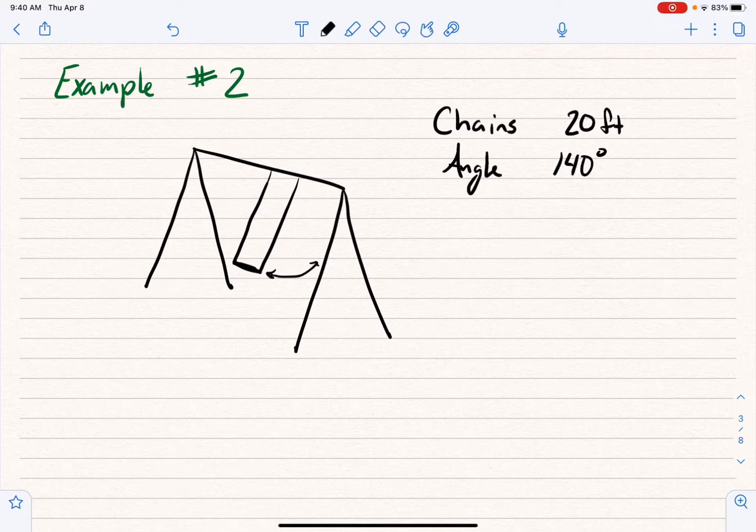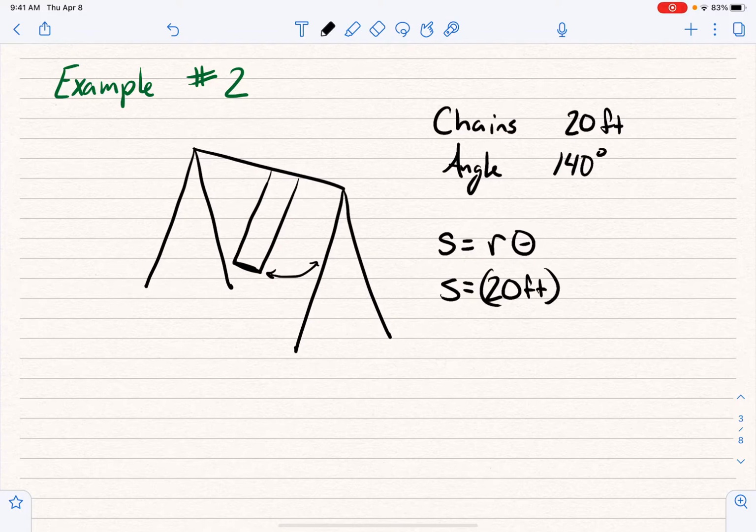What I want to find out is, every time you swing from back to front, how far do you actually travel? Well, this is just an arc length problem. So arc length is equal to radius times theta. In this case, the radius is 20 feet and the theta is 140.